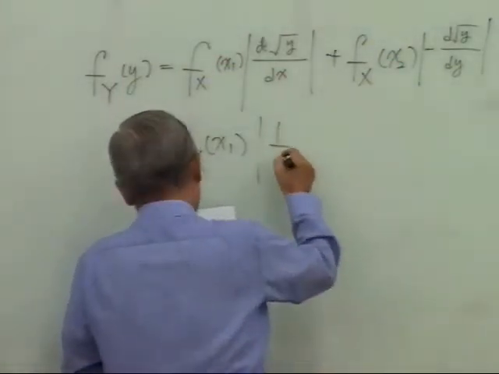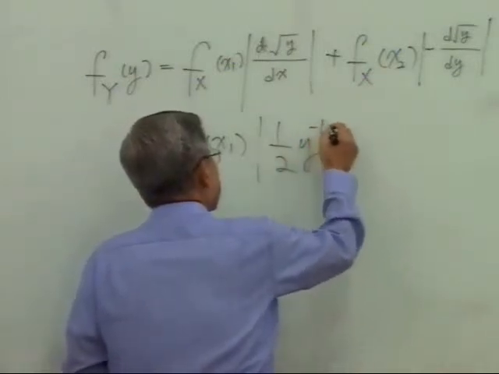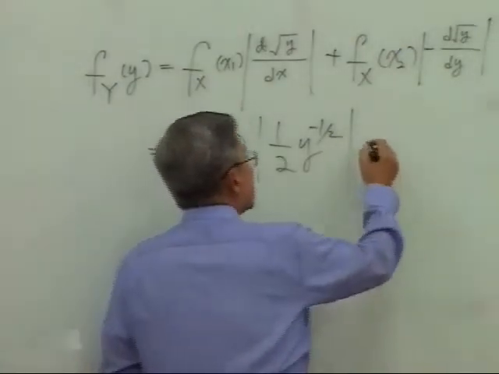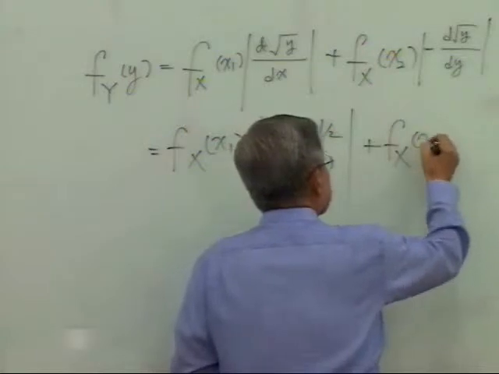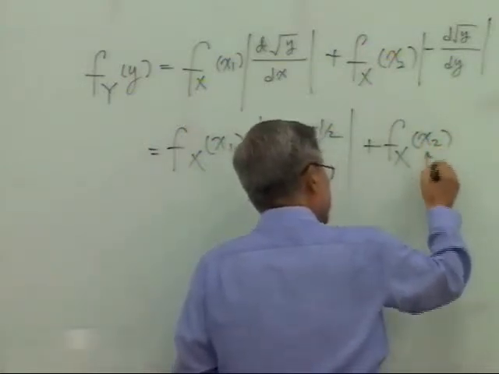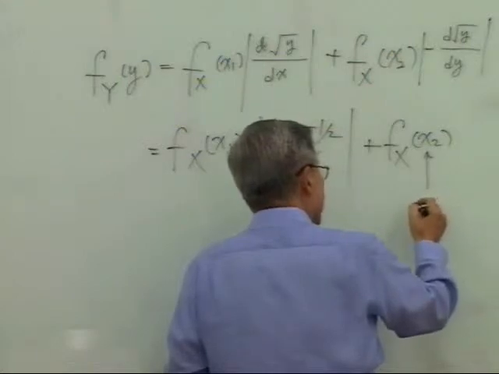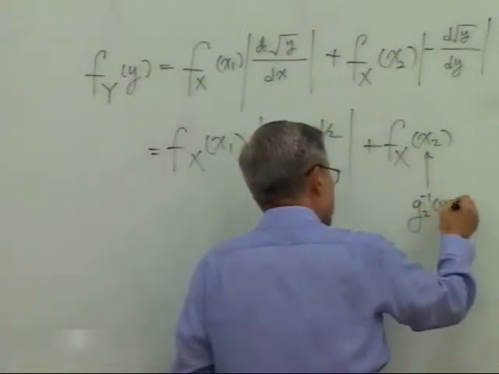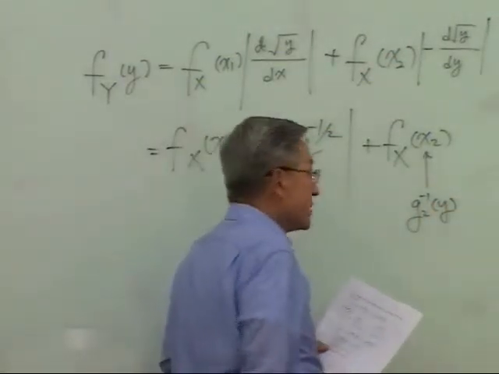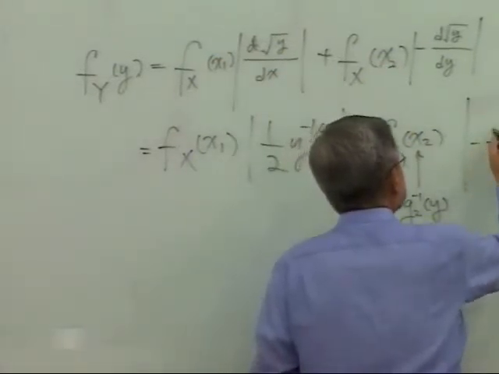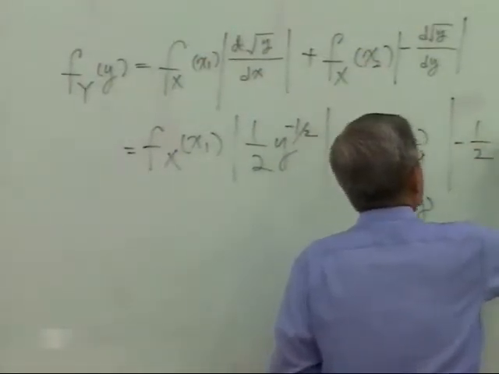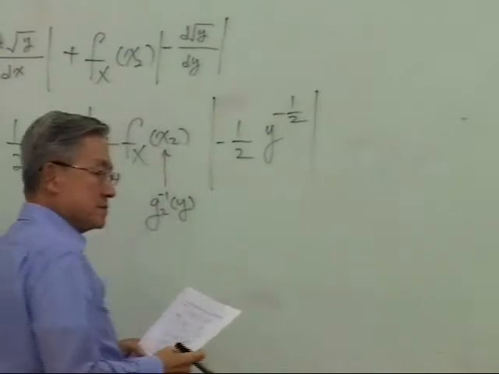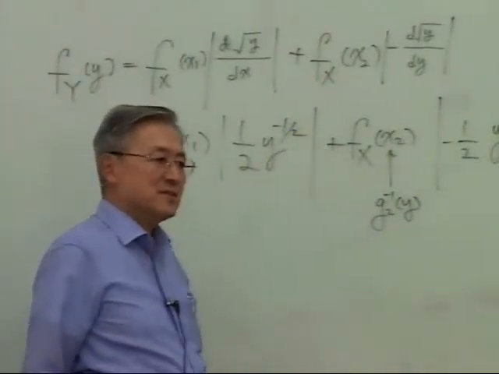If you do that, that's a half y to the minus half, plus f_X(x2). Of course, if you're going to rewrite in terms of y, this x2 is equal to g2 inverse of y. So then now it is minus half y to the minus half. This is the end of it.